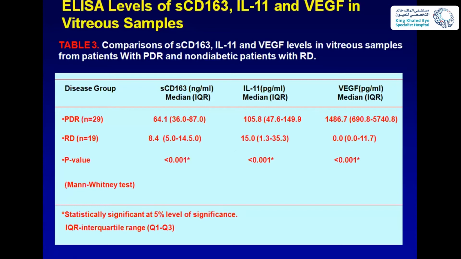Here in the vitreous, the ELISA revealed that soluble CD163, interleukin 11 and VEGF levels are high.